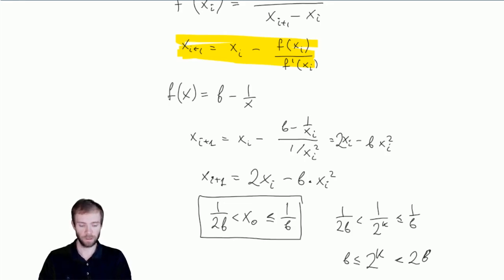So it is relatively easy to find such k. We're just looking at the number of leading zeros in b, and we can then determine the actual power of 2, the smallest power of 2 which is at least as large as b. Thus we determine k, and thus we determine x0.